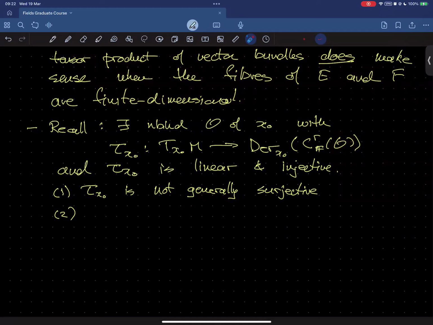You can define that mapping, but then the question is, is the corresponding mapping still injective?